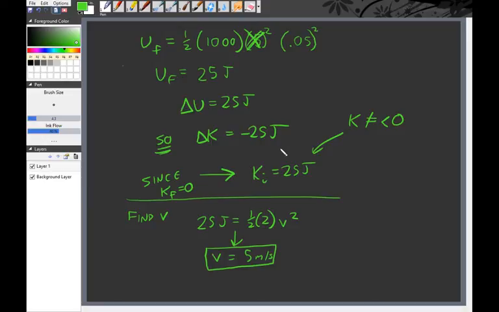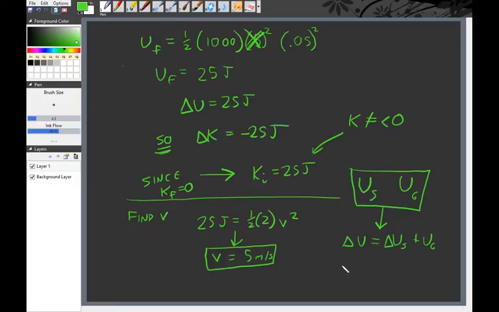Yeah, so that's pretty much it. All right, guys, so I want you to think about this. What if you were to combine two types of potential energy? What if you were to have a problem that combined the spring potential energy and the gravitational potential energy? Well, in that case, your change of potential energy would be equal to the change of spring potential energy plus the change of gravitational potential energy.